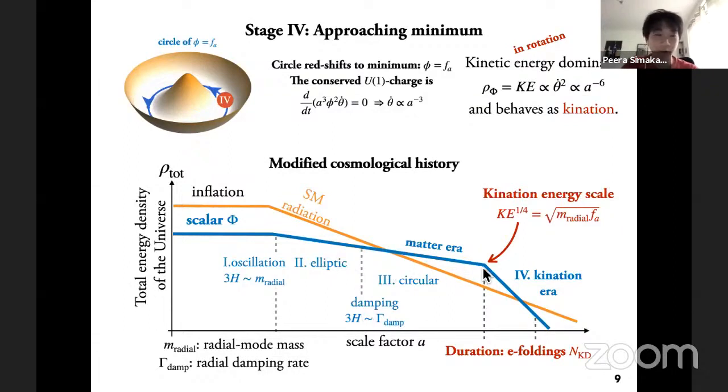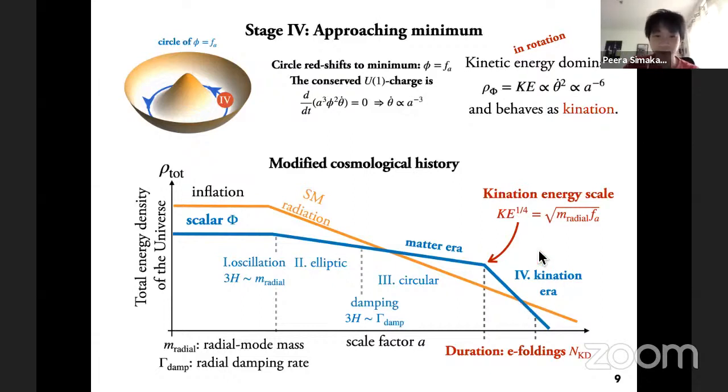And only when the field reaches the bottom of the potential, this energy scale corresponds to the kinetic energy in the spinning axion. So kination starts from this point and it will last until the thermal radiation becomes dominant again, and this will end kination.